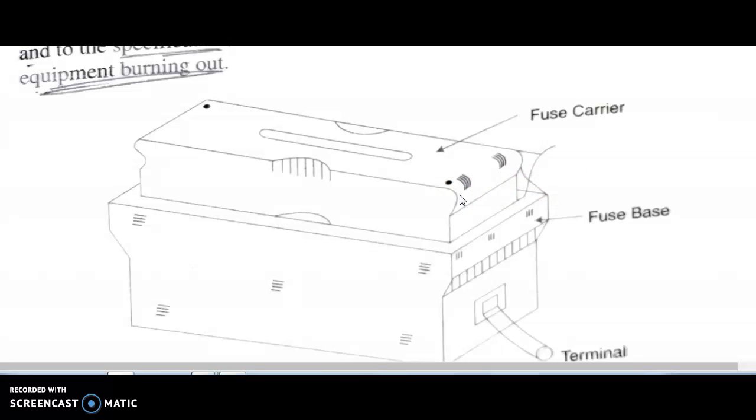The fuse wire may be of lead, thin copper, or an alloy of thin lead. The fuse wire should be replaced by a wire of the correct size or specification, otherwise it may prove dangerous with the possibility of the equipment burning out.